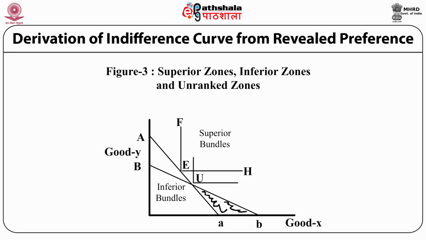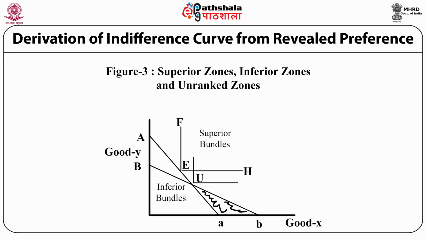Suppose the consumer chooses point U. Using the transitivity assumption, we can say the following. Point E was preferred to point U when the budget line was AA.